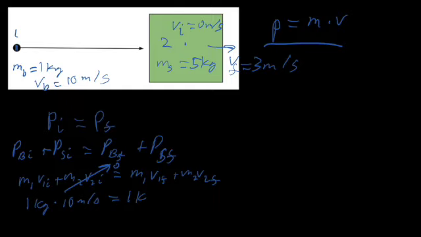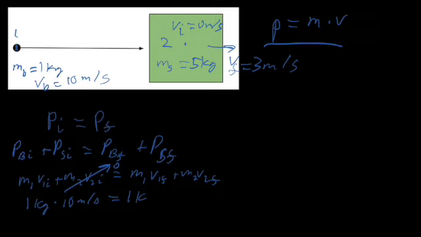Using the formula up here, we can write it as mass 1 times velocity 1 initial plus mass 2 times velocity 2 initial equals mass 1 times velocity 1 final plus mass 2 times velocity 2 final. In this case, mass 1 is the ball and mass 2 is the square, or the box. Since the box starts out with a velocity of 0, the initial velocity of the second object equals 0. That simplifies our equation, and we can plug in values.